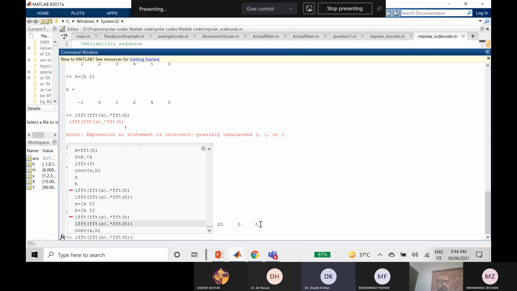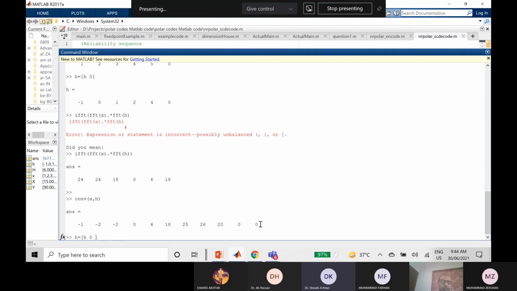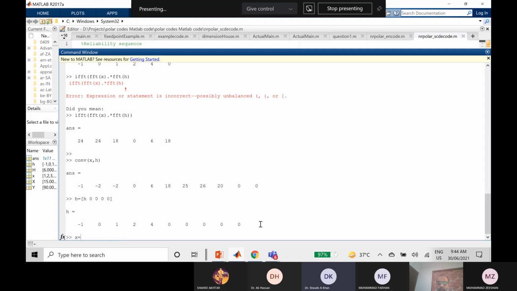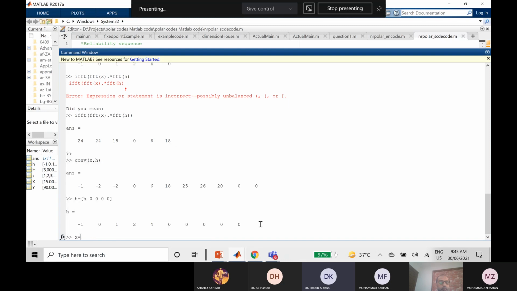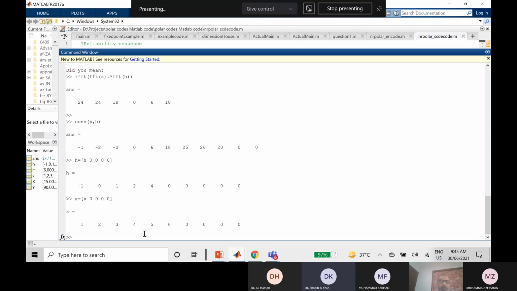If I add, let's say कि x में मैं करता हूँ 5 थे ना सैंपल, तो 2 3 4, if I add 4 zeros to make the length of x and h 7... अच्छा ये मेरा ख्याल 1 2 3 4 5, एक ज़्यादा ज़ीरो हो गया, चलो कोई बात नहीं, x में एक ज़ीरो मैंने ज़्यादा कर दिया, लेकिन कोई बात नहीं, 1 2 3 4, तो पहले एक ज़ीरो डाला हुआ था ना.